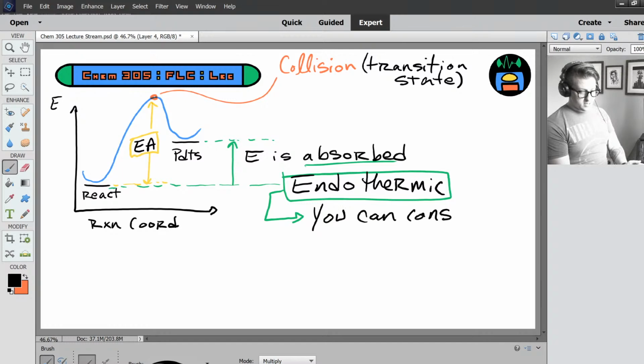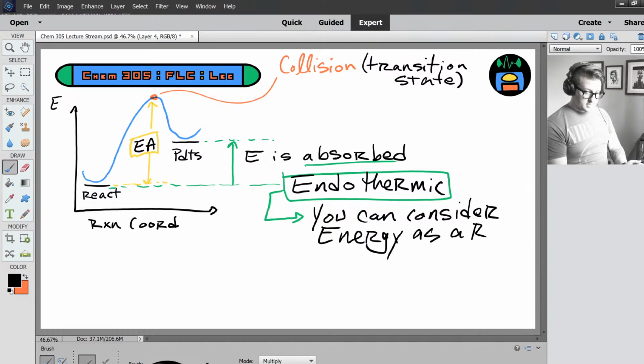You can consider energy as a reactant. All right, so for endothermic processes, you have your reactants becoming products.